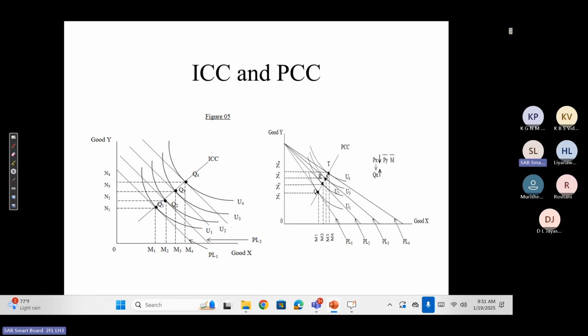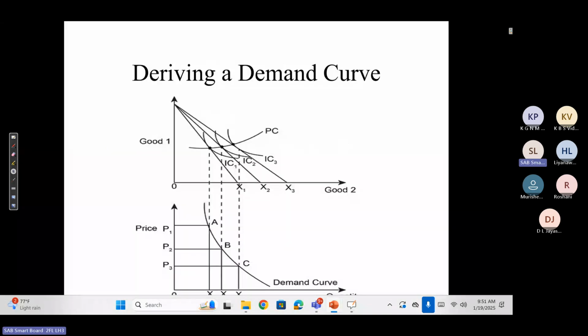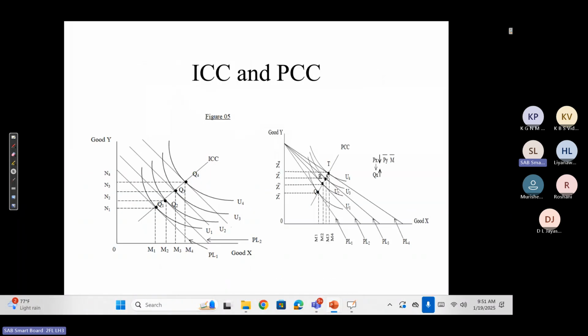Sometimes when income increases, demand decreases, which would be the other way around, a negative relationship. That is not explained here. Here, whenever income increases, demand also increases, so this is under normal circumstances. Both demand for X and Y increase, which is a normal group.